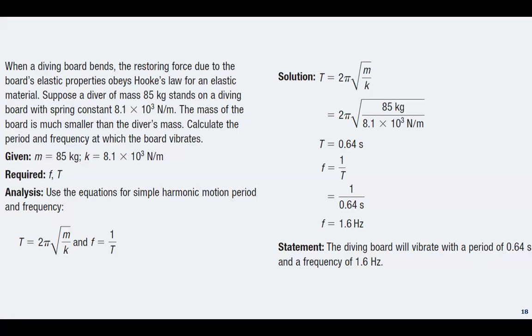Well, you can actually identify numerous examples of simple harmonic motion in our everyday life. If you ignore friction, for example, a child on a playground swing may swing back and forth at a regular rate. Strings on guitars and violins vibrate when plucked.